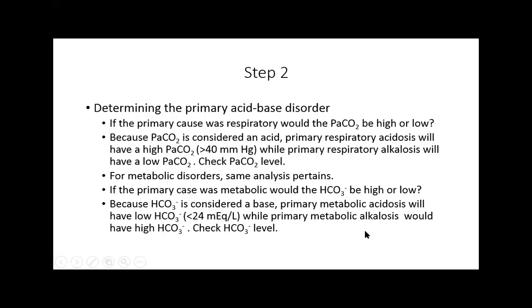So it's a contextual thing, and as we'll see, the next step is to try and confirm this based on anion gap, or how the body is compensating.